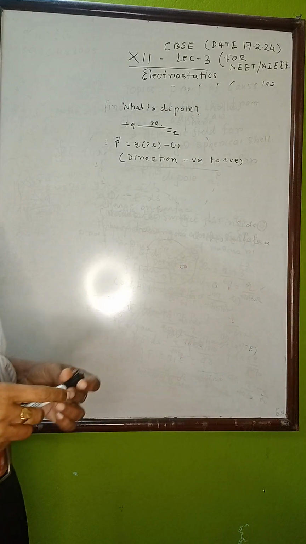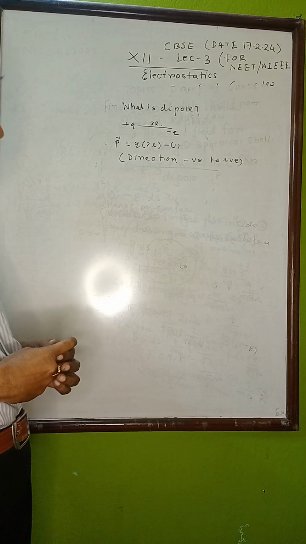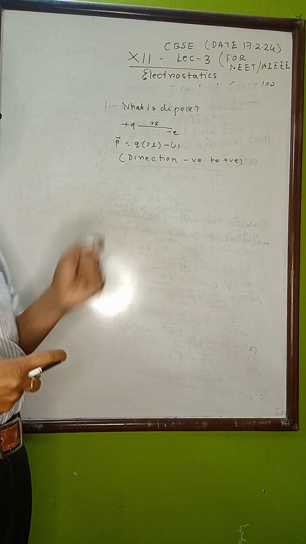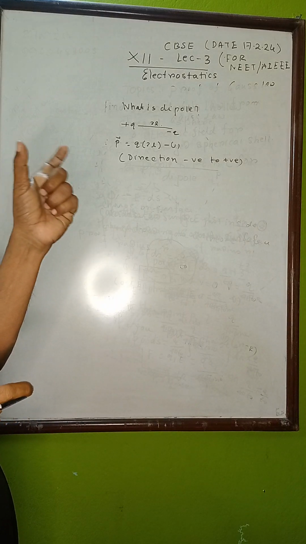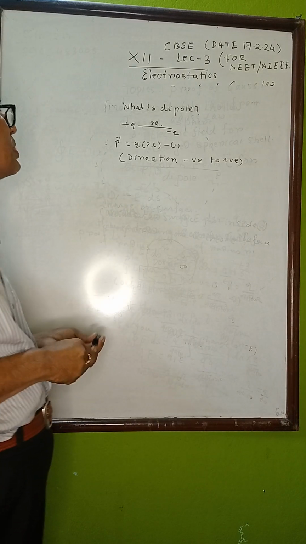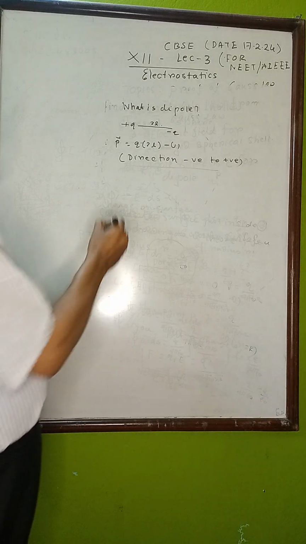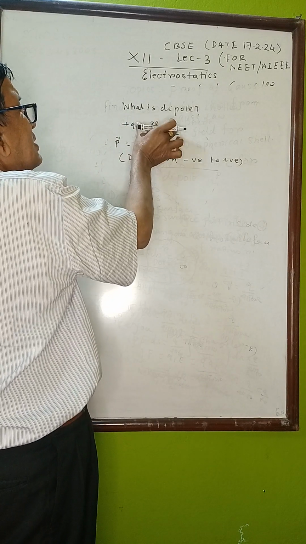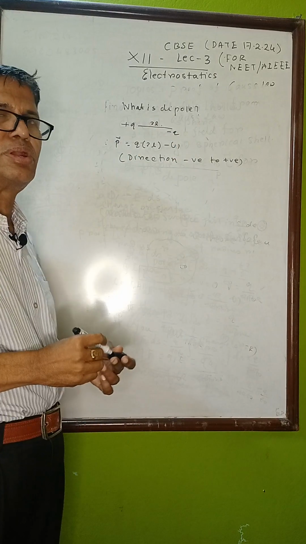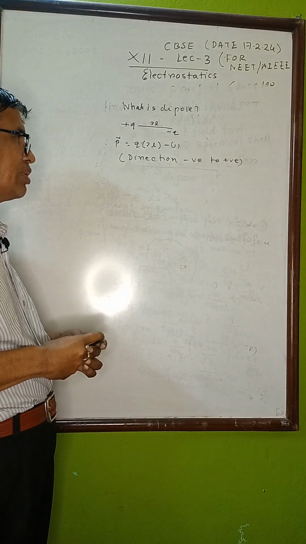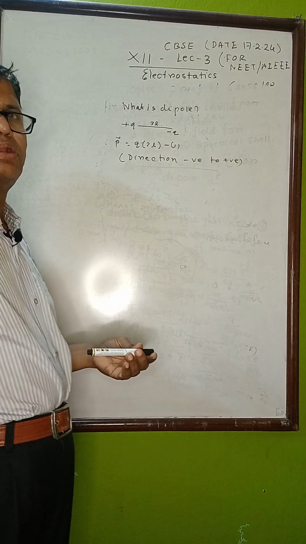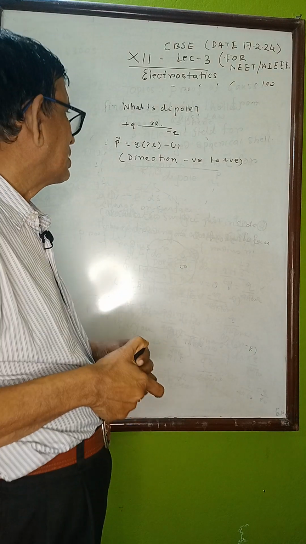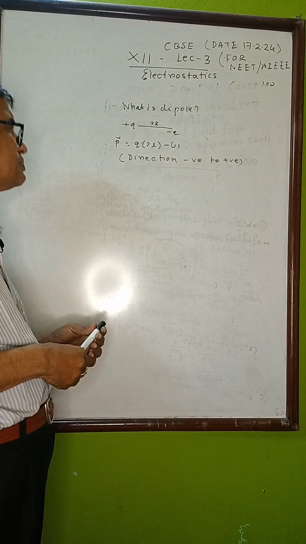There are some chemical formulas or molecules having a permanent dipole moment; those are polar molecules, HCl for example. So two equal and opposite charges separated by a very small distance constitute a dipole, and for a dipole we have to calculate the electric field and potential. Next class we must do it.